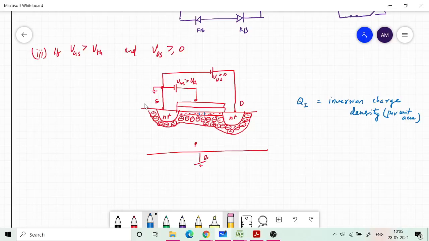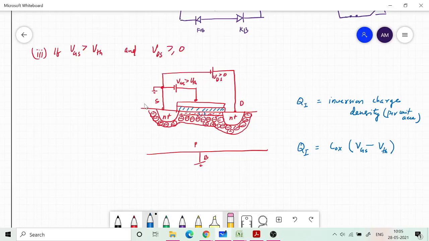Now what is this going to depend upon? So I can give an expression for Qi, which is basically equal to Cox into VGS minus VTH. Okay, so you need to understand this expression. Cox is an oxide capacitance per unit area, which we have seen.